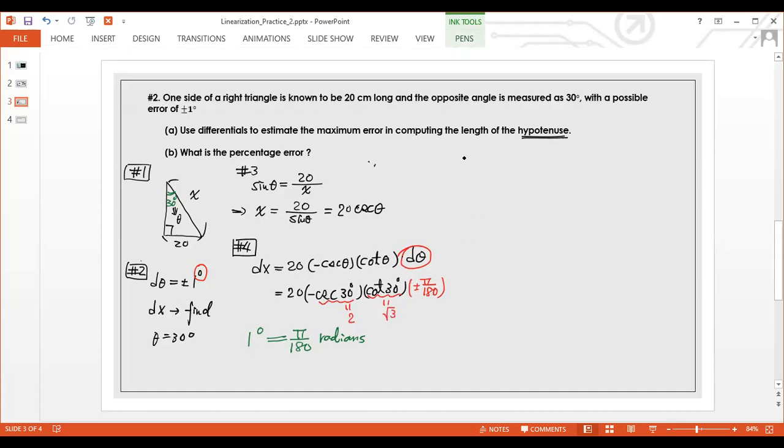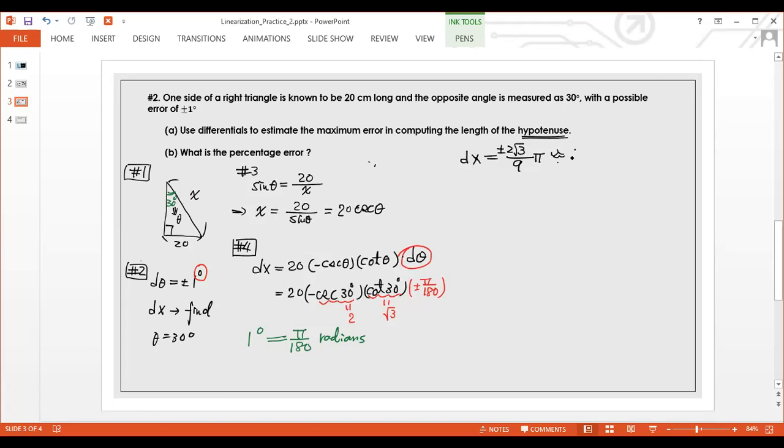So now we said dx is equal to, if you multiply the plus minus here, so if you calculate, this will be 2 square root of 3 over 9 pi. So this one will be plus or minus, which means that's the error they're going to have, right?